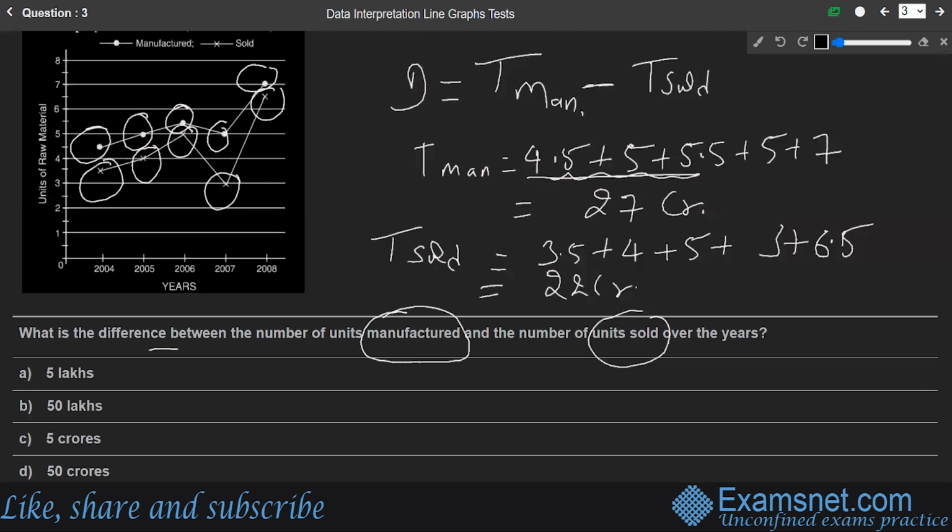Now these are the two totals, and we are supposed to find the difference between them. So the difference will be 27 minus 22 crores, which comes out to be simply 5 crores. So that becomes the right answer, option number C.